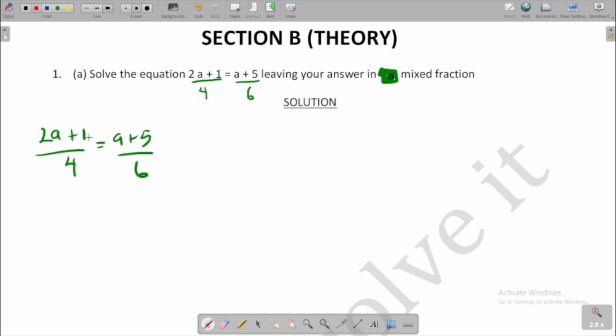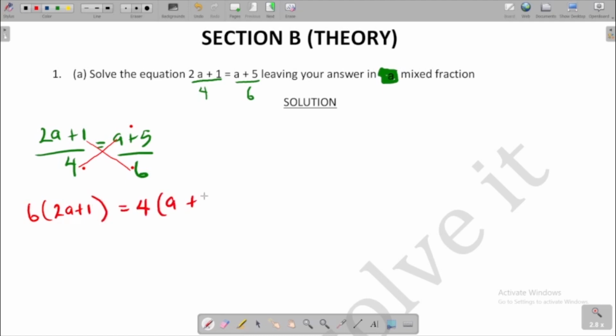To solve this, we cross multiply, that is, you multiply this and this, and this and this together. So we have 6 times (2a plus 1) equal to 4 times (a plus 5).